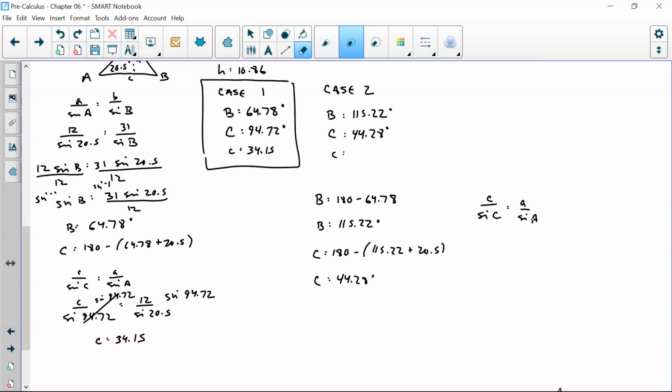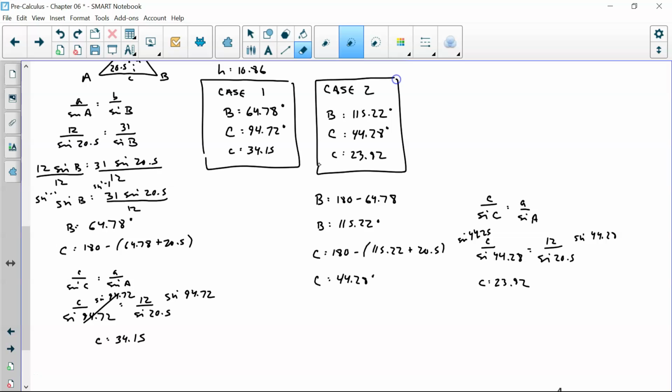So c over the sine of 44.28 equals 12 over the sine of 20.5. So multiply both sides by the sine of 44.28. C equals, and when you multiply, you're going to get 23.92. And there's the case 2 values.